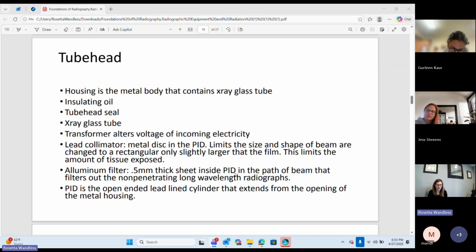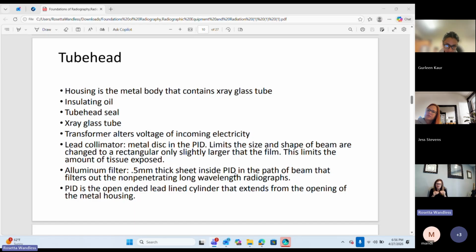We have a couple of transformers that are going to step up or step down the amount of voltage that comes in. Our lead collimator is going to be that lead disc that is going to shape or limit the size of the beam that we're using for exposure. We want a rectangle, as recommended by the ADA, but we have cylinder and rectangle.